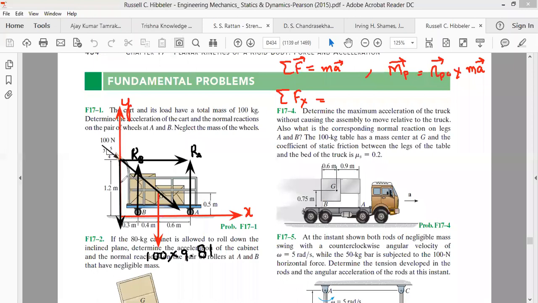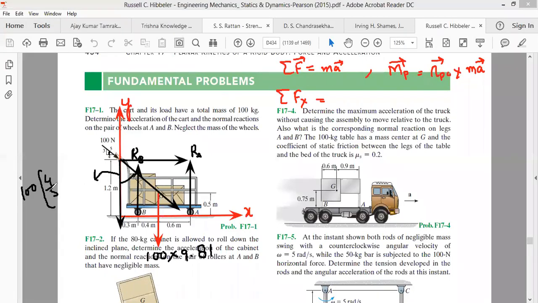If we take this to be our theta, the component in this direction will be 100 cos theta, that is base by hypotenuse. That is 3 by 5 in this right angle triangle. Cos theta will be base by hypotenuse, that is 4 by 5. So we have to take this as 4 by 5.